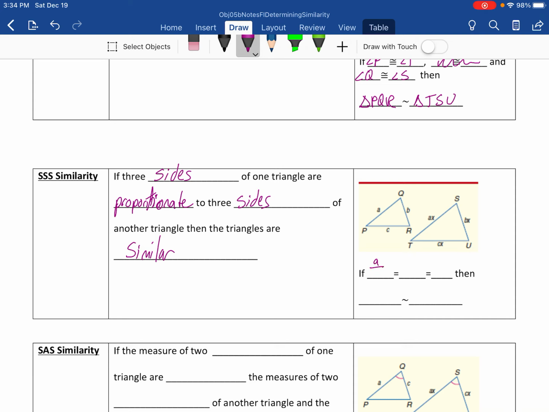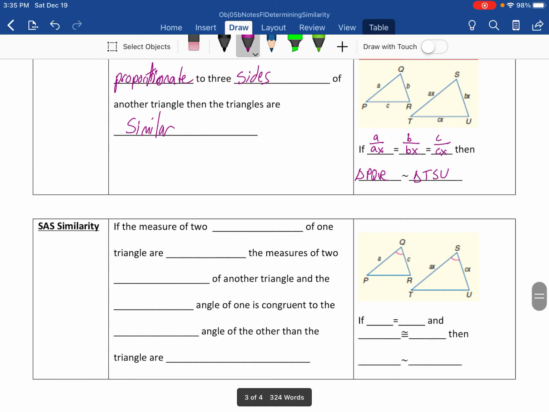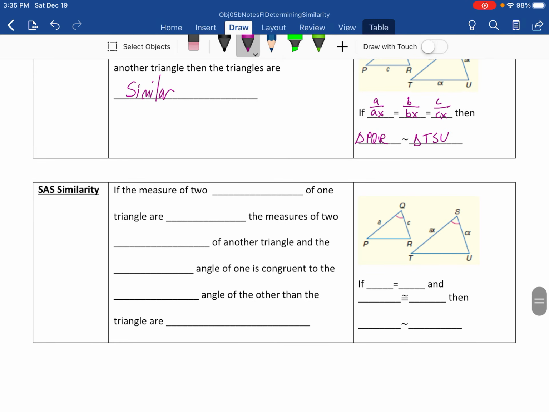So this just says if A over AX is equal to B over BX, which is equal to C over CX, because it's the same thing except with X, then triangle PQR must be similar to triangle TSU.